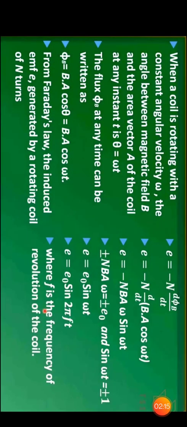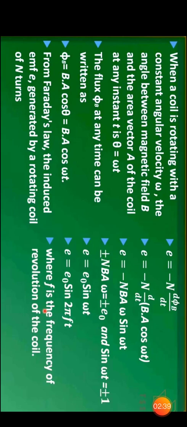When a coil is rotating with constant angular velocity omega, the angle between the magnetic field B and the area vector A of the coil at time t is theta is equal to omega t.